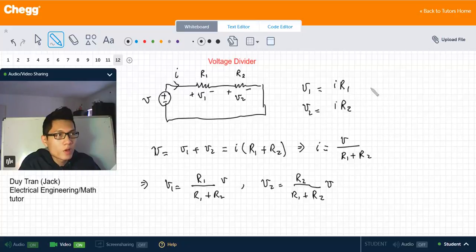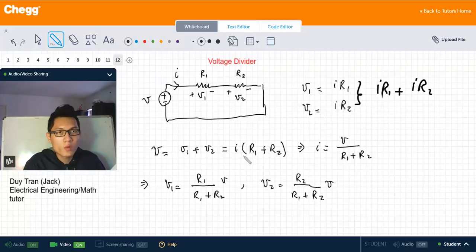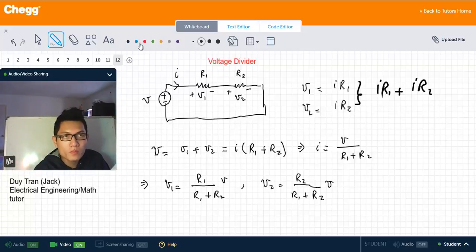We sum them together, I R1 plus I R2, so factor I out, R1 plus R2 multiplied with I. And from here we can find the current I going through the circuit by dividing V over R1 plus R2.